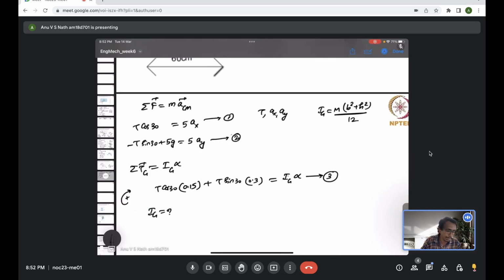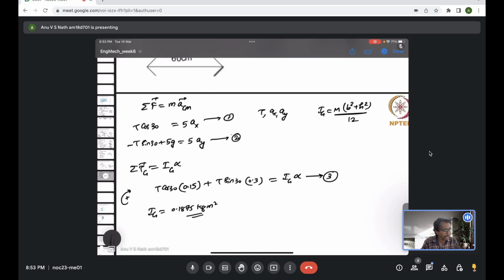Let me write the number. It's 0.1875 kilogram meter square.